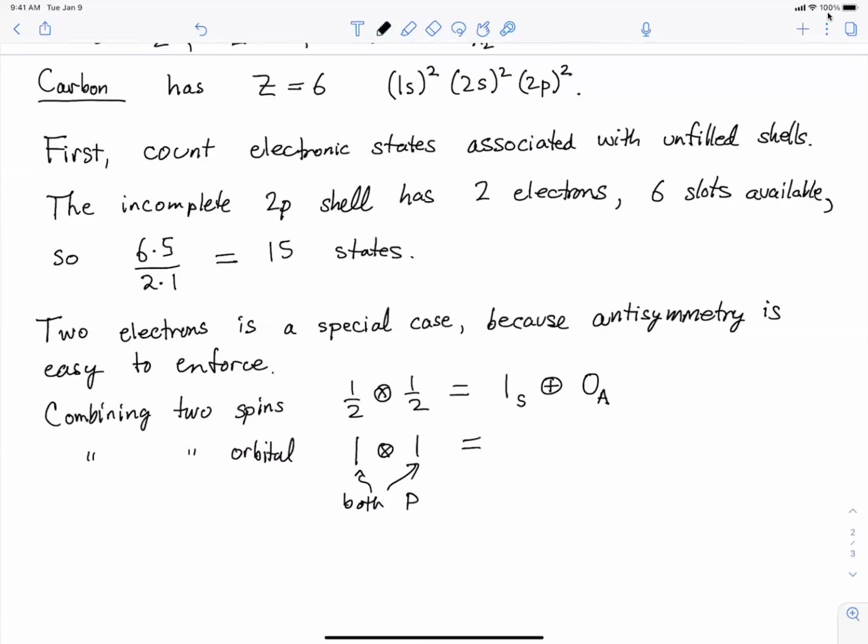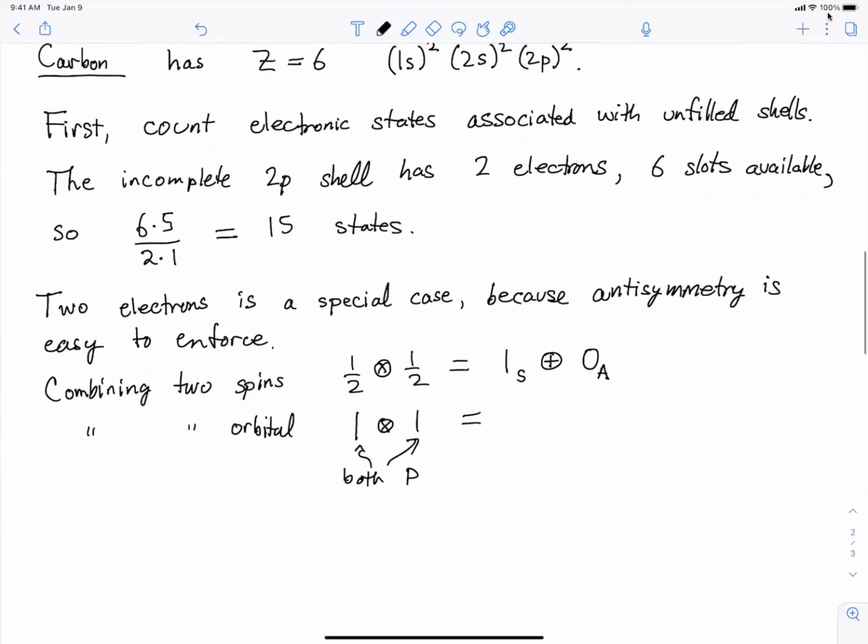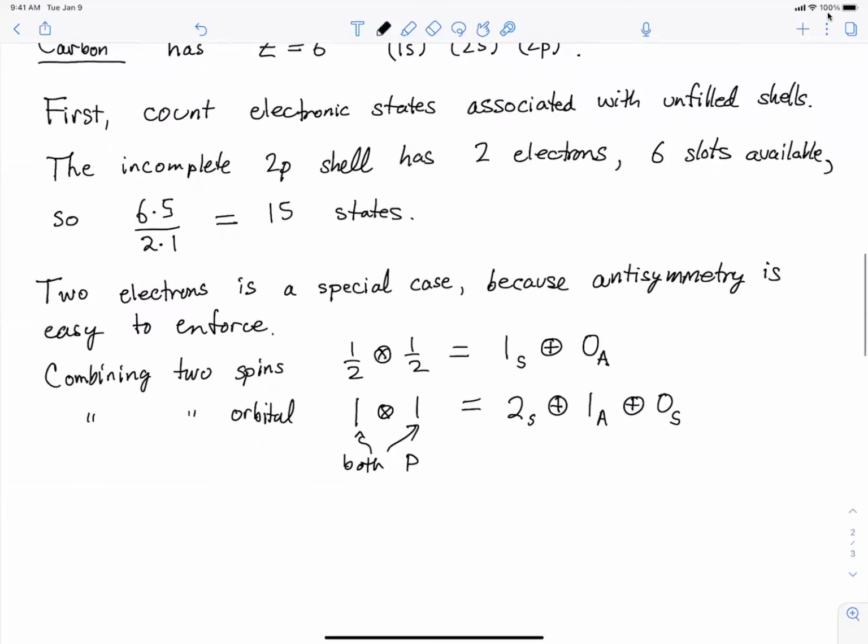If we remember what we learned about combining angular momentum 1 with another angular momentum 1, that's a 2 symmetric, a 1 antisymmetric, and then an angular momentum 0 in a symmetric combination. And so now if we want the full state to be antisymmetric, we just have to choose 1 from the first row and 1 from the second row in such a way that the total is antisymmetric.